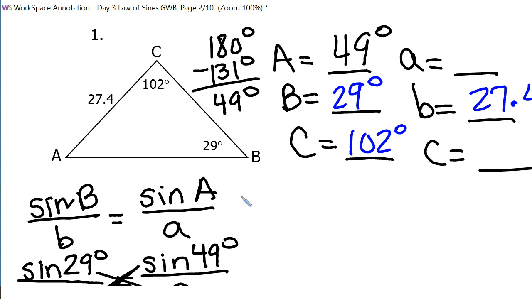Solving for A. Right now, A is being multiplied by the sine of 29 degrees. So the opposite of multiplying by the sine of 29 degrees, divide both sides by the sine of 29 degrees. Now we're not using calculators until the very end. So we're at the very last step, so now we can use the calculator. Now make sure you're in degree mode.